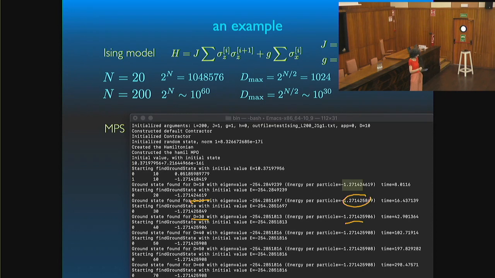And the time this took is from less than a second to just some 10, 15 seconds. So this gives you an idea or a feeling, of course, not all the systems work like this, of how powerful this can be if you use the right ansatz rather than doing the exact diagonalization of the system. Okay, fine.